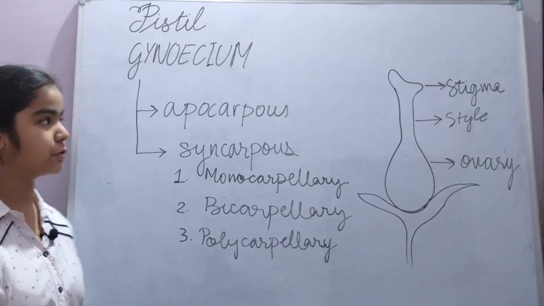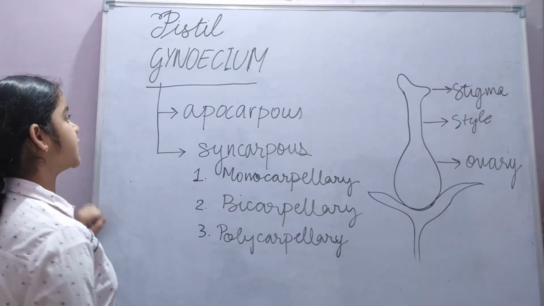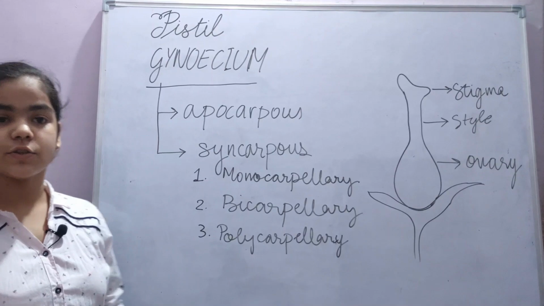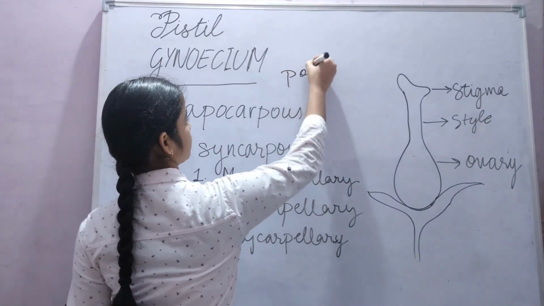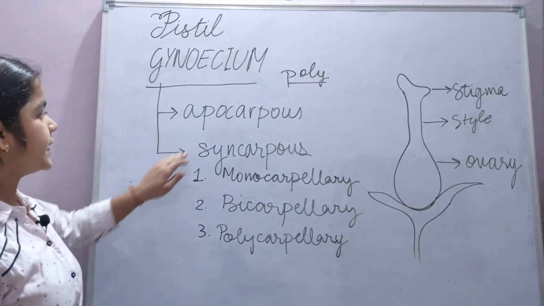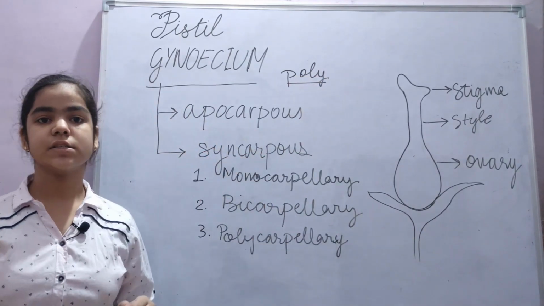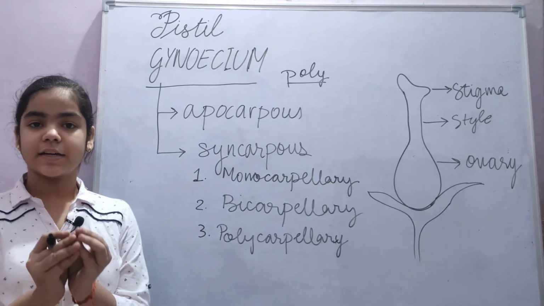Alright, so the fourth whorl is called pistil, and the collective term for this is gynoecium. Now you are learning the word poly. It means several. Here the apocarpous is the condition when the carpels are free.